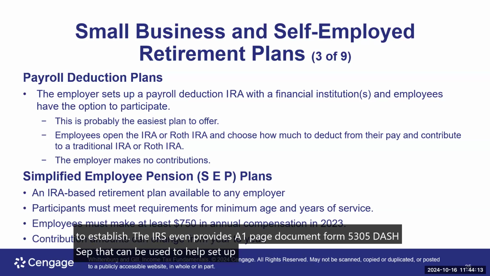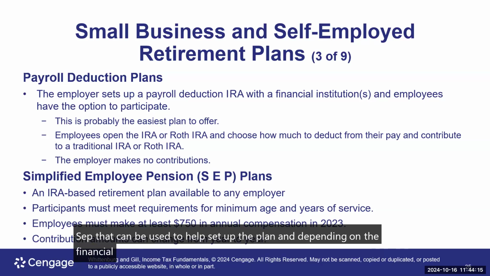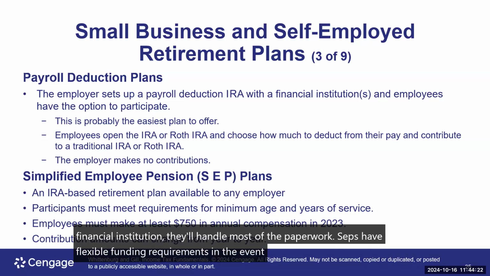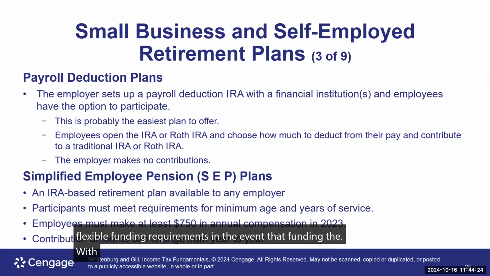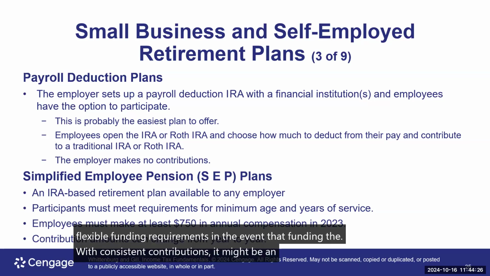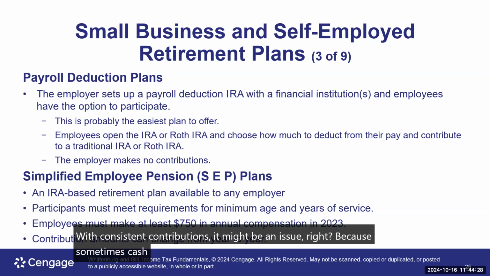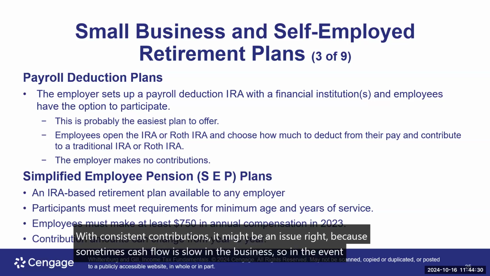And depending on the financial institution, they'll handle most of the paperwork. SEPs have flexible funding requirements in the event that funding the plan with consistent contributions might be an issue, right? Because sometimes cash flow is slow in the business. So in the event, it's a bit flexible.